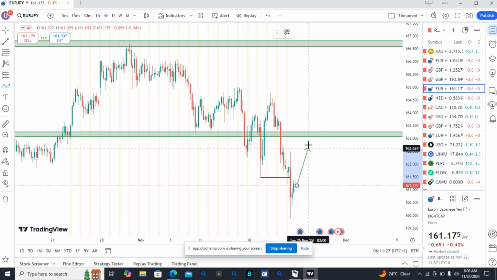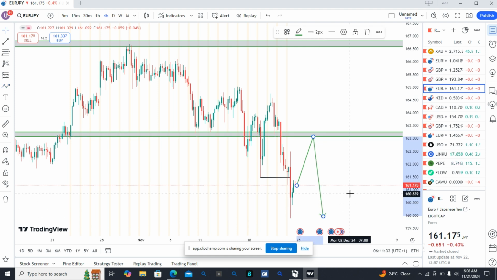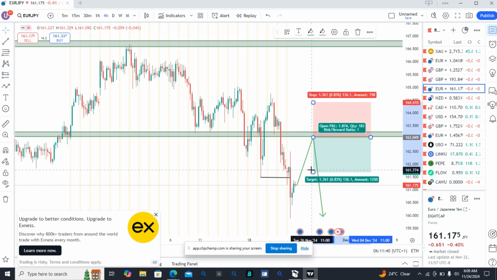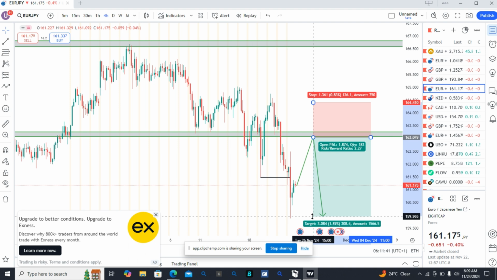Let price come in and fill this gap, and we're picking our sell position down to where? This is our first level target, and overall target will be at the weekly support level. So this is how our entry will look like, and first level target is here. Our stop loss will be above the zone that we created when price comes here.